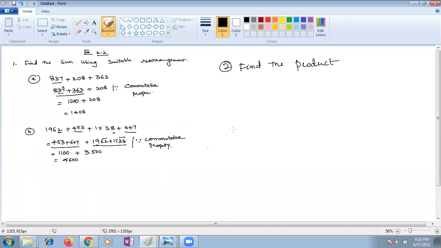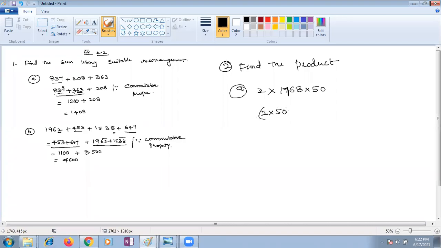Drona, please respond. Drona, find the product using suitable rearrangement. So here you have to take the numbers 2 multiplied with 1768, 1768 multiplied with 50. Ma'am, I will first multiply 2 into 50, ma'am.